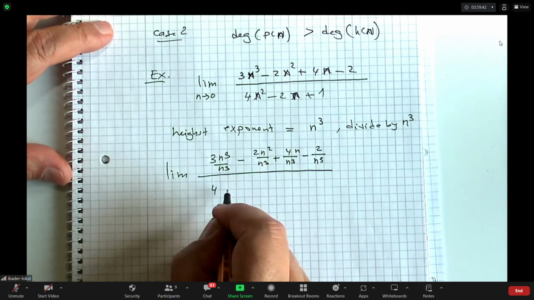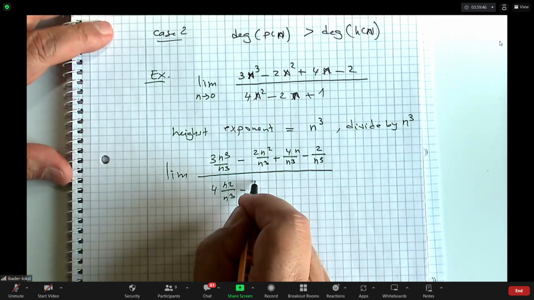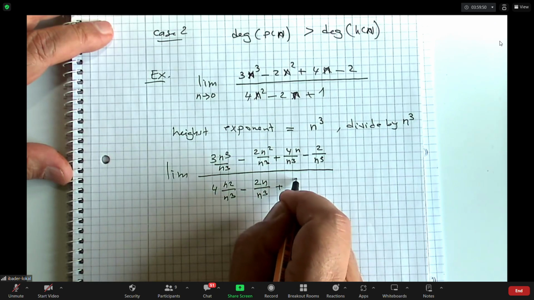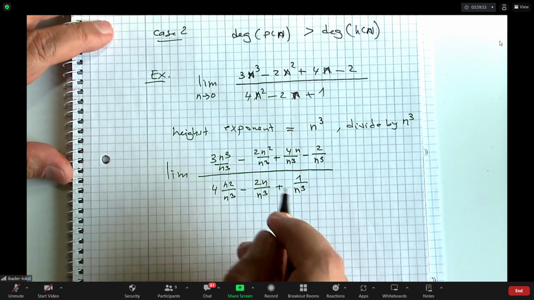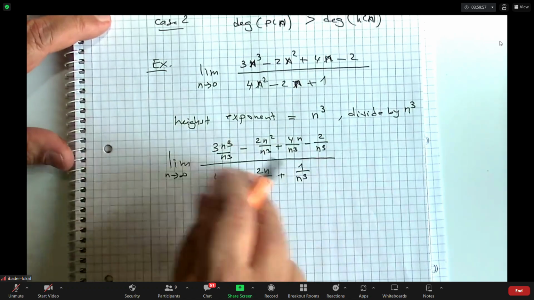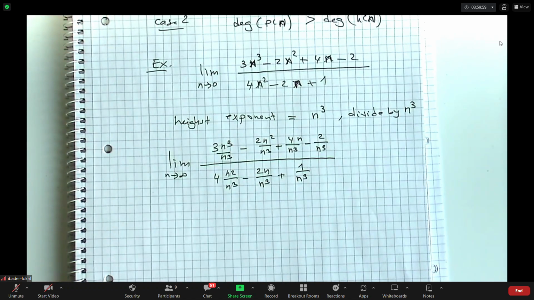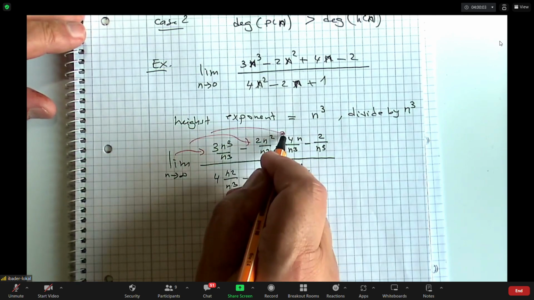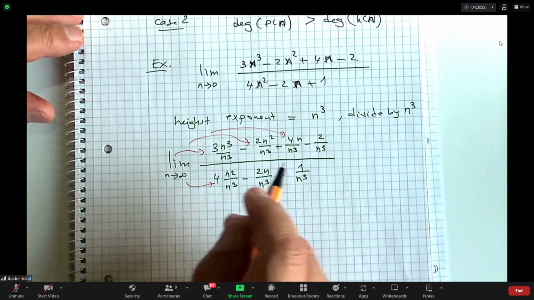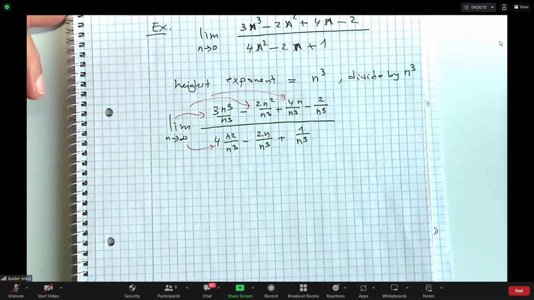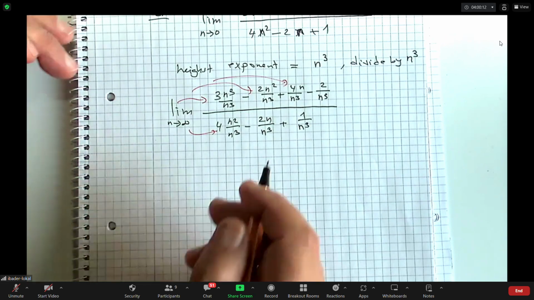Down here you have 4n squared over n cubed minus 2n over n cubed plus 1 over n cubed. And again here, the limit as n approaches infinity expands to each term. I am not going to write it, but it means this limit will be evaluated term by term. This is because of the properties of the limits. It's possible to do it. Now let's see what we get here.